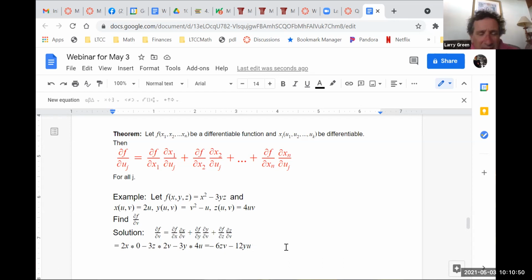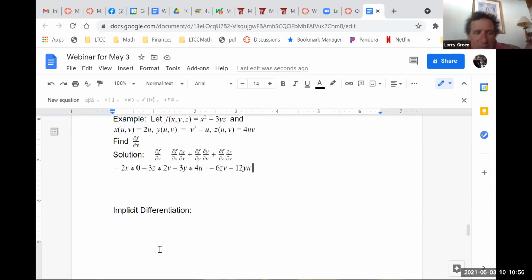Any questions on this idea? Okay, the last thing is implicit differentiation, and I want to give you a warning. The formula for implicit differentiation feels wrong, but it's right. So let me do the simplest example, and that is if f of x, y equals 0.